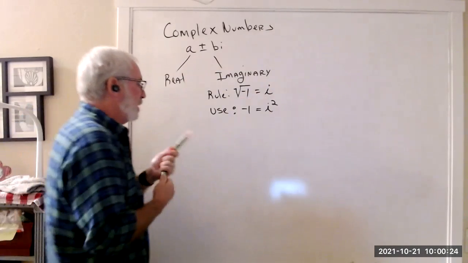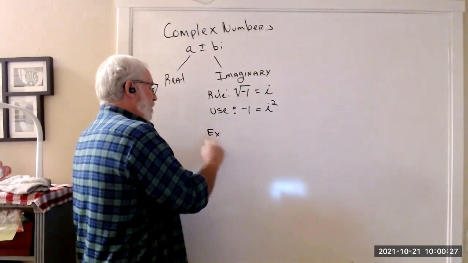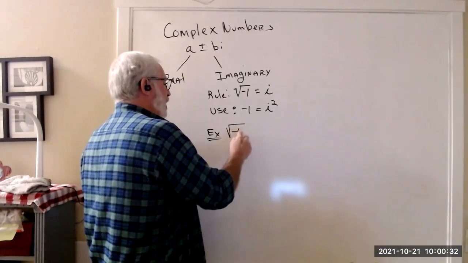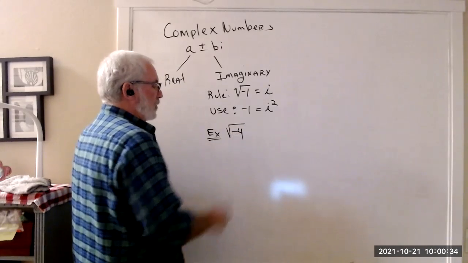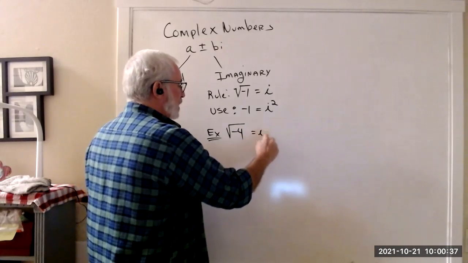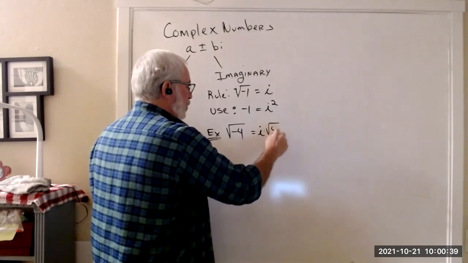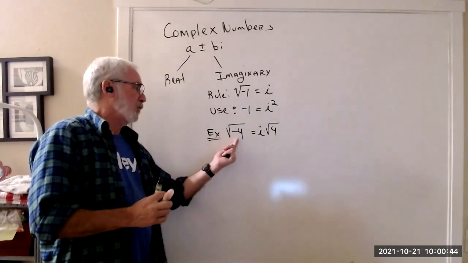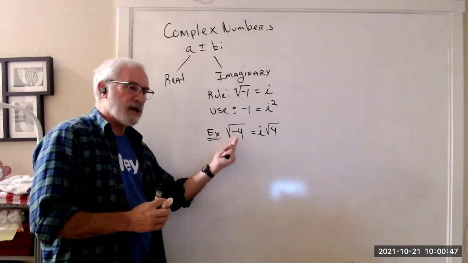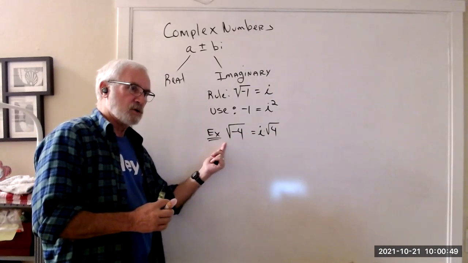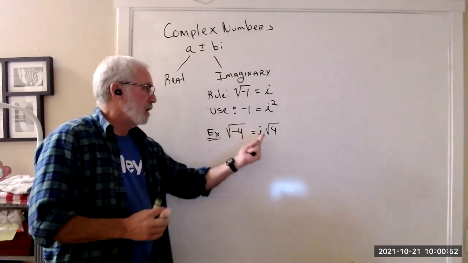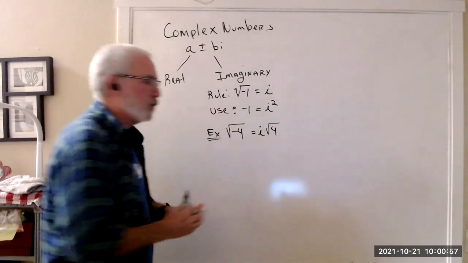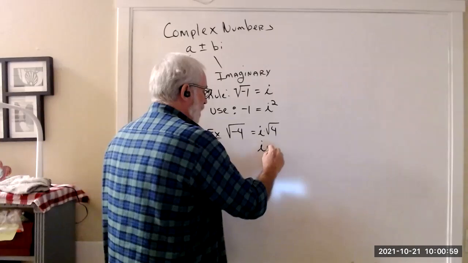So for example, if you have the square root of -4, the first thing you do is write it as i times the square root of 4. That's the first thing you do. So the square root of -4, you go, aha, negative inside of a square root. Okay, we take the negative out, call it i, and then we worry about the square root of 4. Well, the square root of 4 is 2. So this is i times 2.